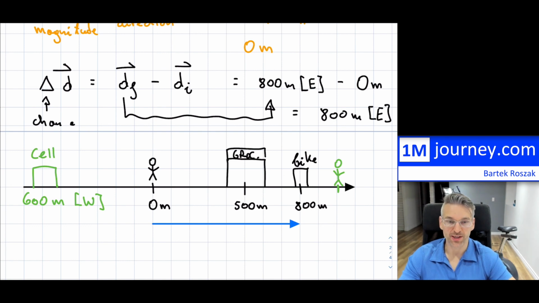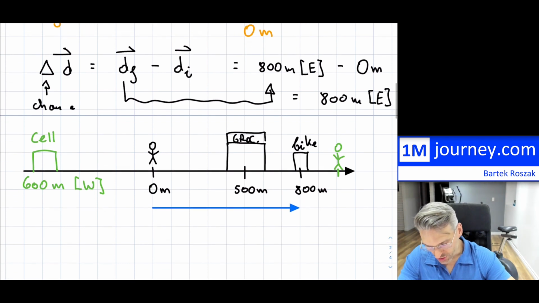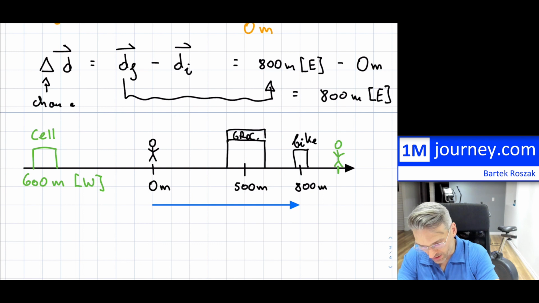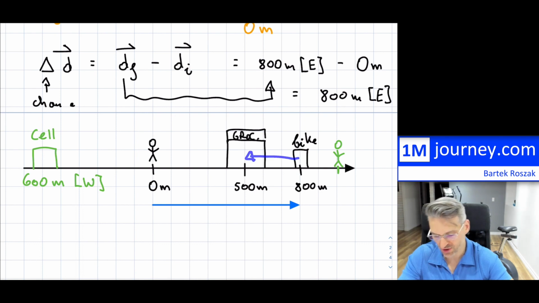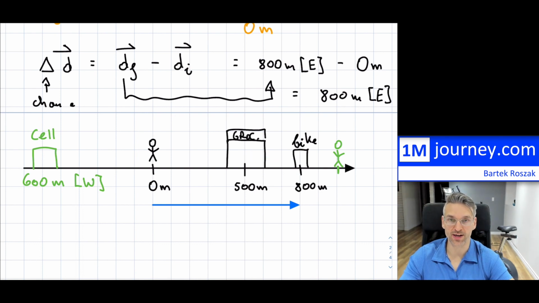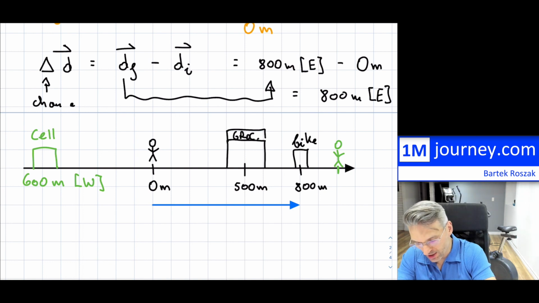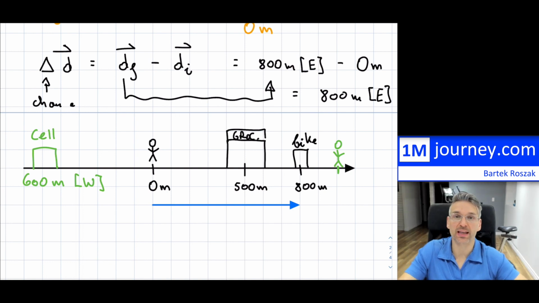But let's imagine now that what you've done is the following. Let's say you've been walking, and you did walk all the way to the bike shop. But then you started to walk back, and you said, okay, I'm going to go back to the grocery store, which is going to be in a different direction. So now you want to talk about what is the displacement.